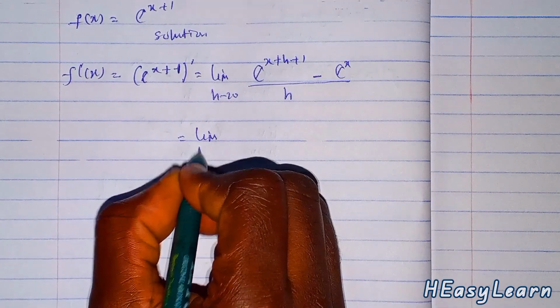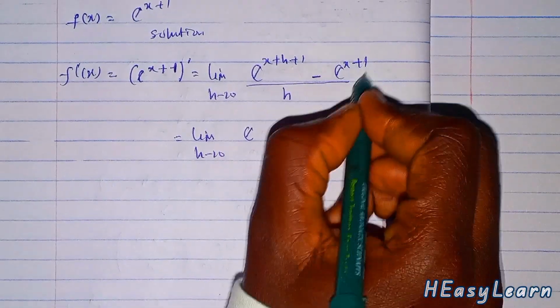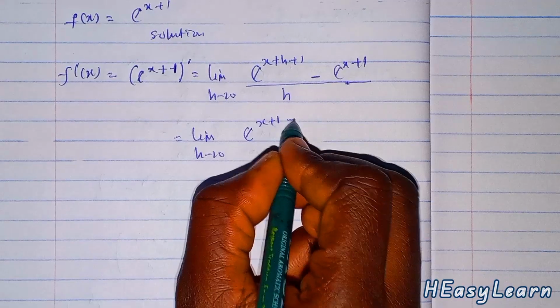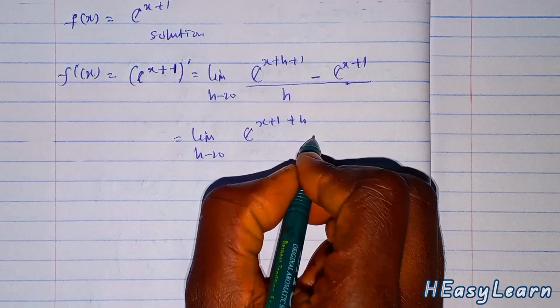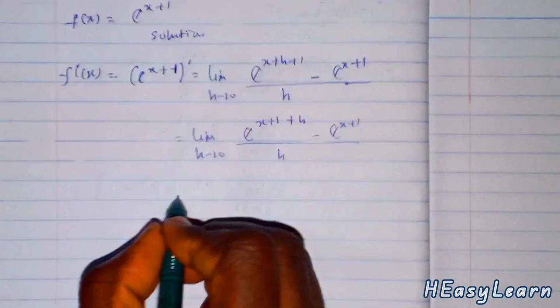Limit h approach 0 of exponential x plus 1 plus h minus exponential x plus 1 over h.